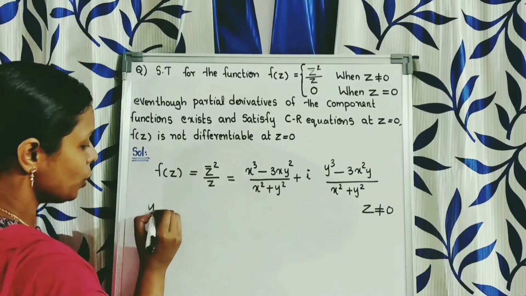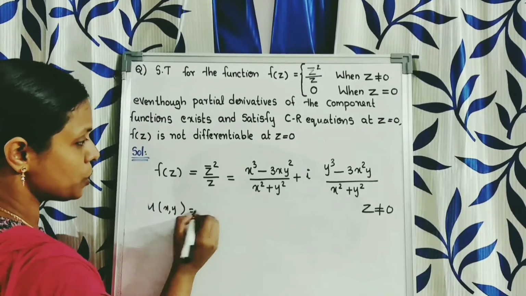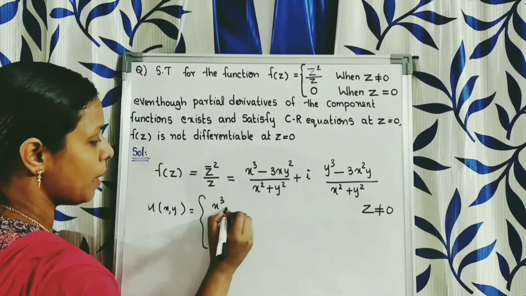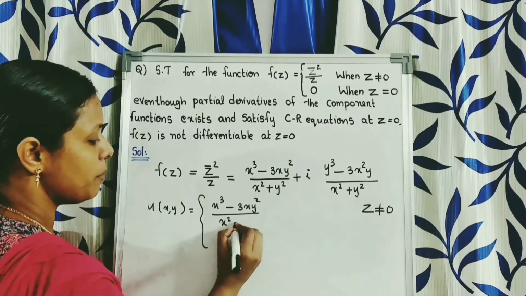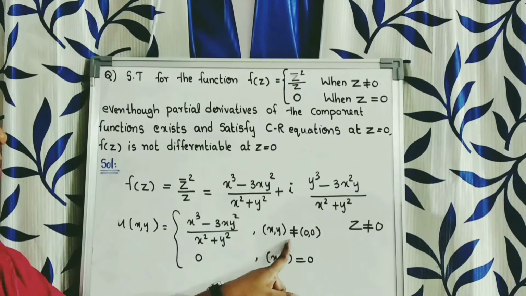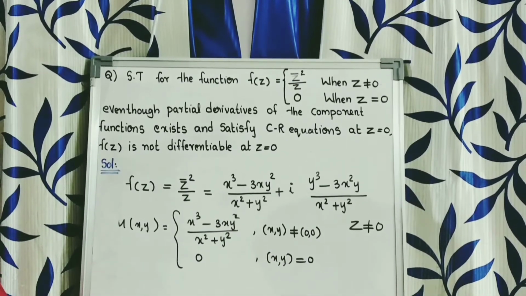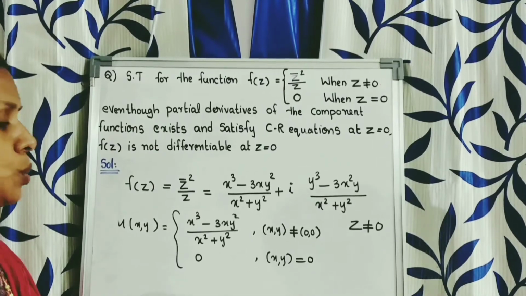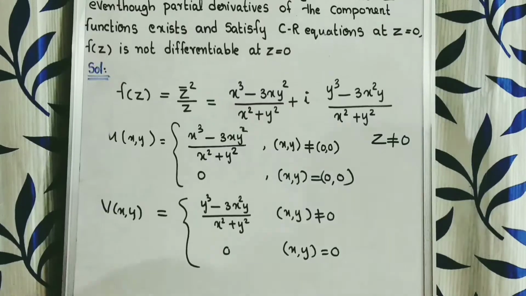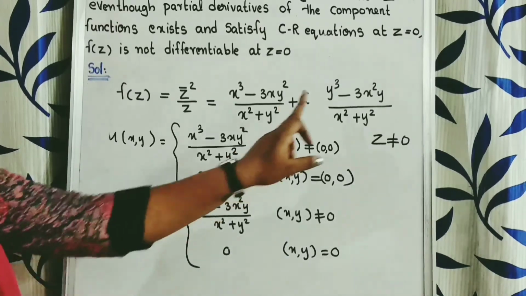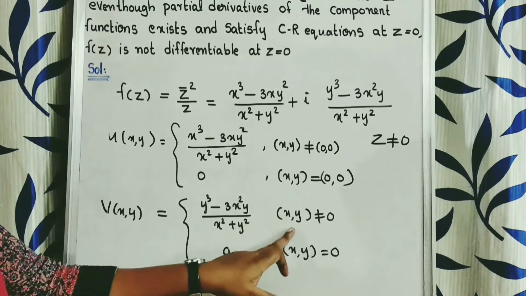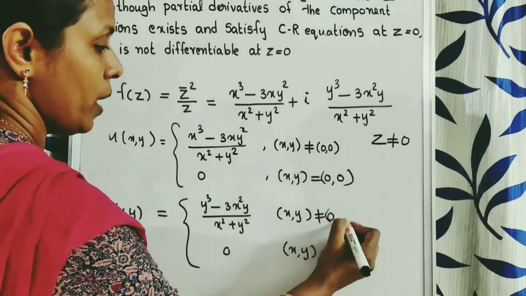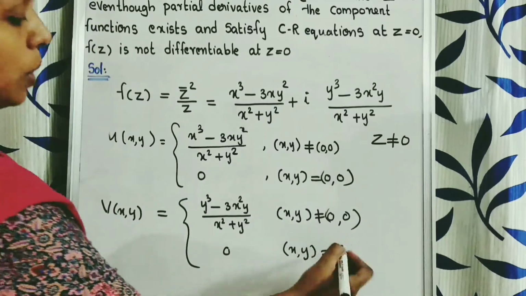That is, u of x,y equals (x cube minus 3xy square) divided by (x square plus y square) where (x,y) is not equal to (0,0), and 0 when the ordered pair (x,y) equals (0,0). Also v of x,y equals (y cube minus 3x square y) divided by (x square plus y square) where (x,y) is not equal to (0,0), and 0 when (x,y) equals (0,0).